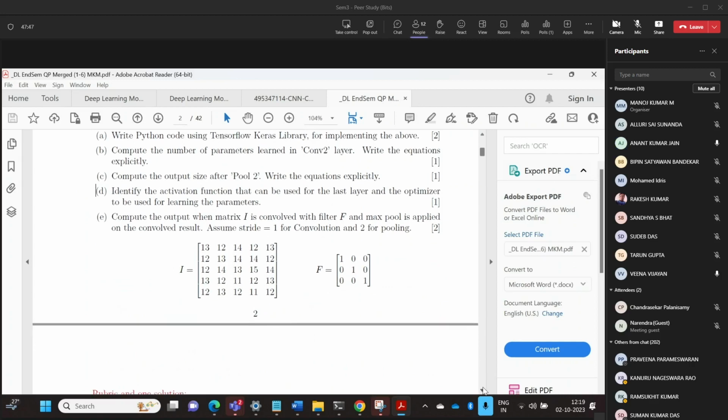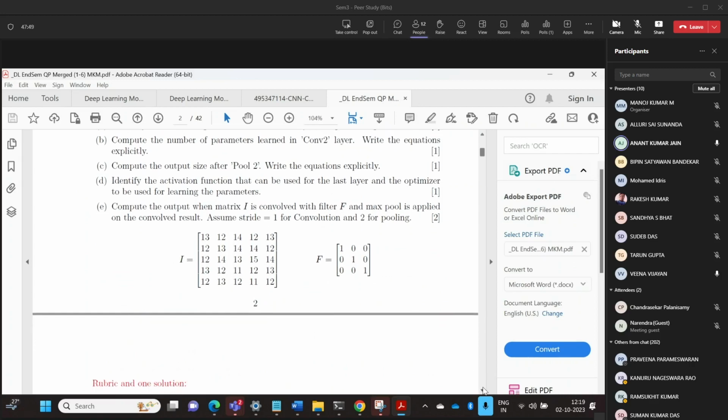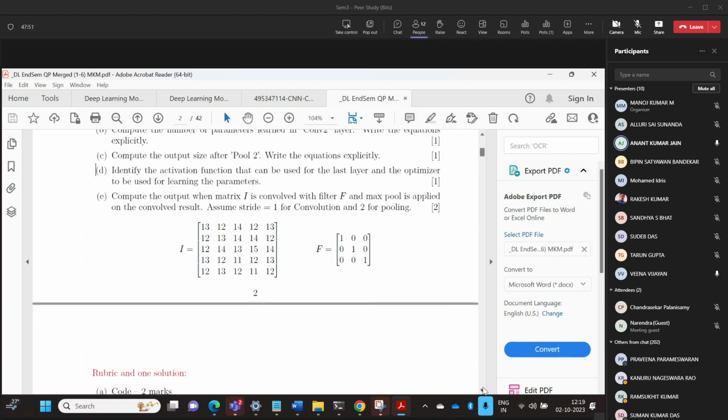After that, what is the size of your shape? That's what it's asking.